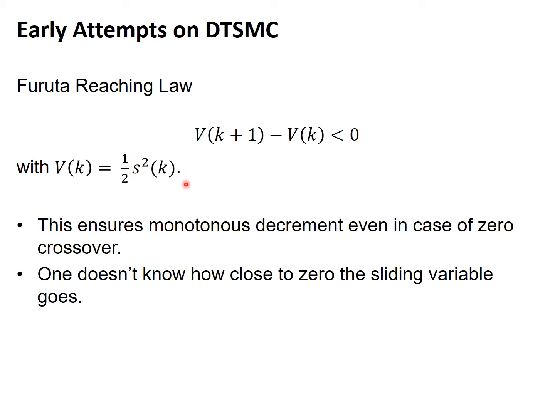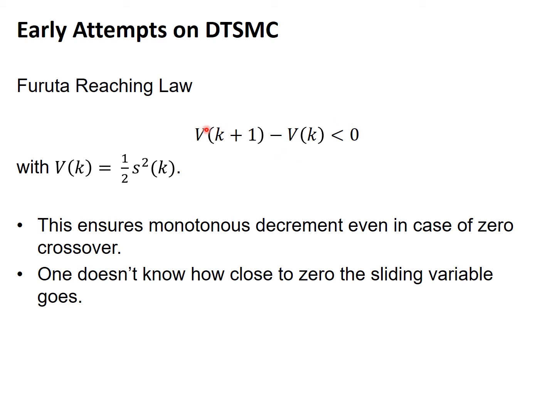Even if this is a vector, you can have a scalar function Vk formed, which is a Lyapunov function, and then what you simply need is that your Lyapunov function must always decrease.